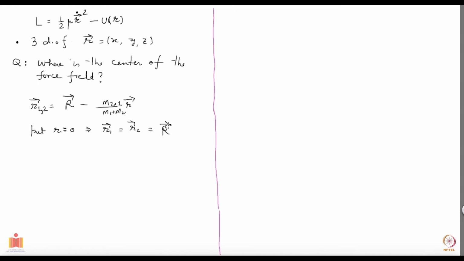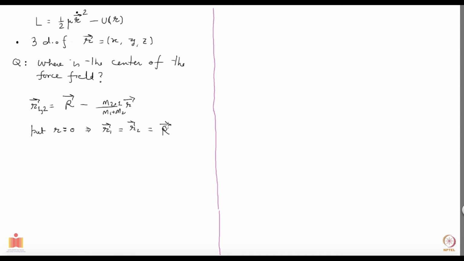Okay, so that's fine. Now let's go back to our discussion of that Lagrangian which you have written down. I was saying let's ask whether these x, y, z are the best coordinates to use, and clearly they are not, because your system has a spherical symmetry, so you would like to use more suited coordinates here.